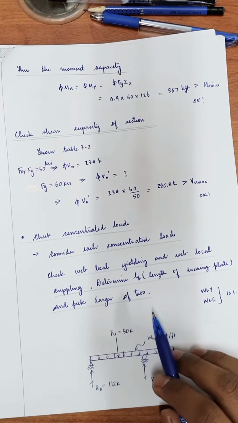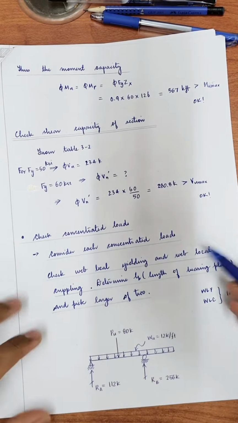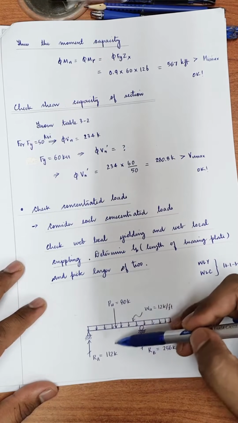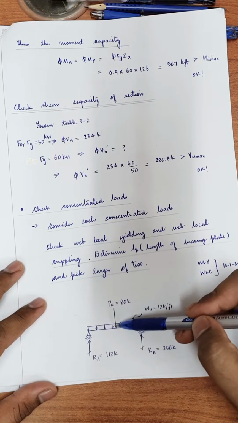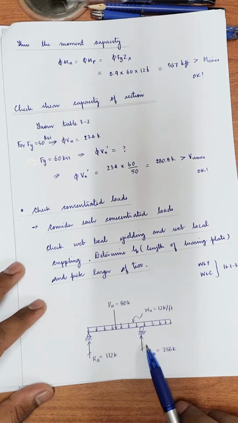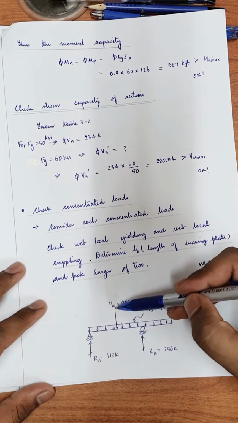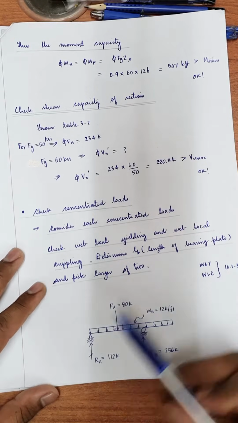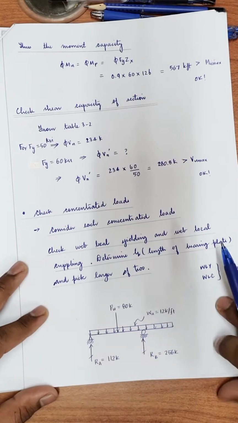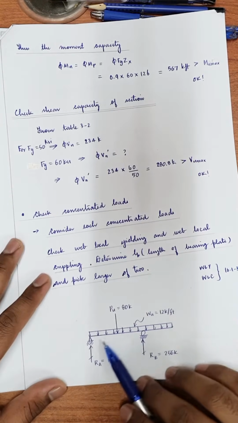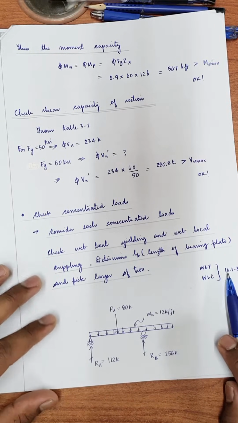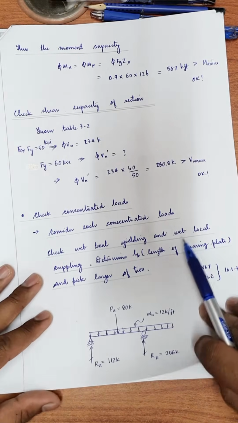Now the next section is to check concentrated loads, and from the figure we have 3 concentrated loads. We have the applied load and we have the 2 reactions, where this and this are interior concentrated loads, and this is an exterior concentrated load. Both of these equations are available in section 16.1, page 34.